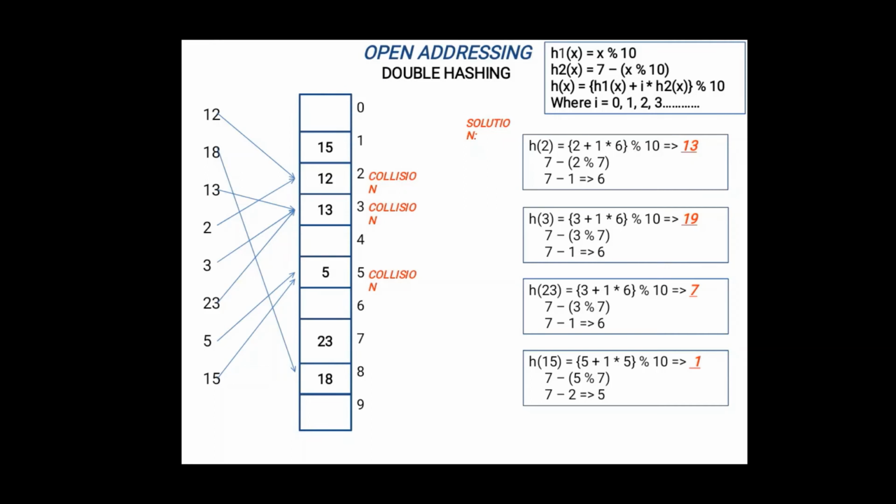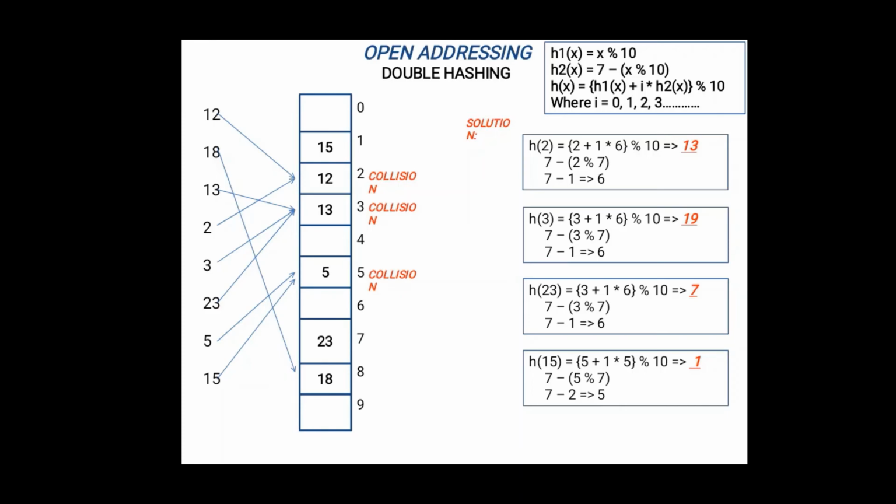So first I will discuss the formula. We need to apply the first formula, which we used in separate chaining, that is h1 of x is equal to x mod 10. Then the second formula is h2 of x is equal to 7 minus (x mod 7).